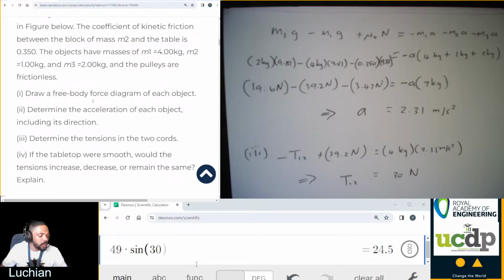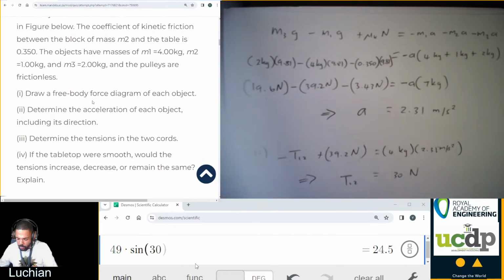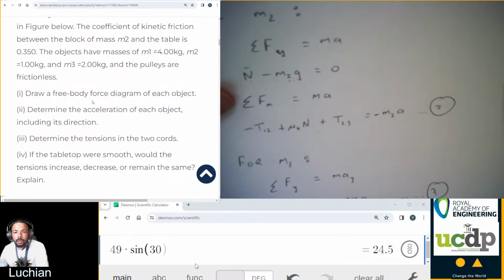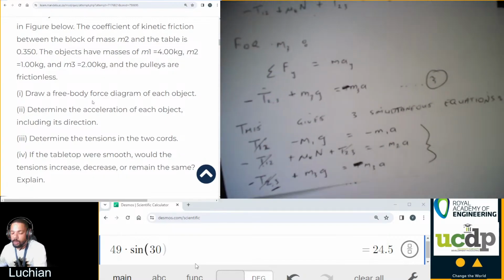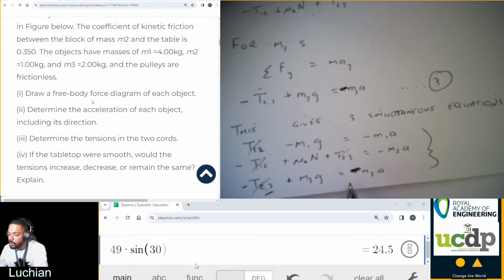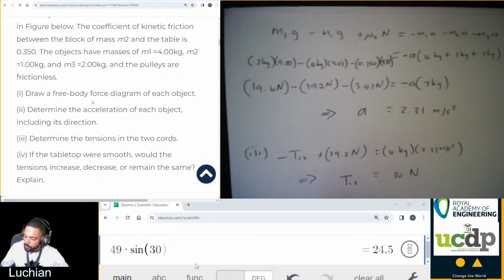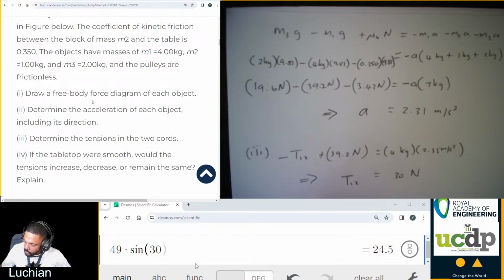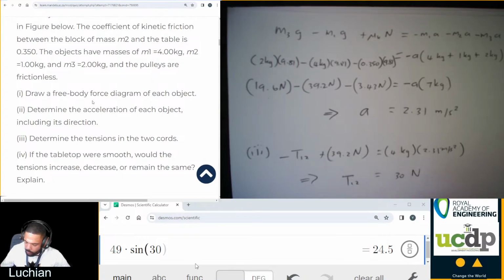And then let's see, T23. We'll be using the last equation here: negative T23 plus M3G, which is its weight, is equal to negative M3A.